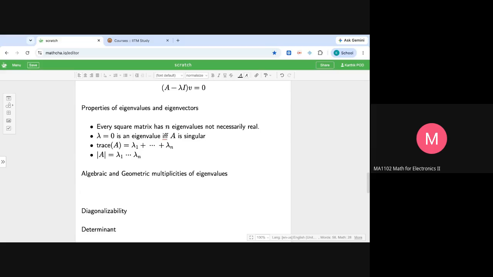So this is AM. The AM of lambda would be the number of times it appears as a root in the characteristic polynomial. I think that's the definition. So we can simply say the number of times lambda i appears.